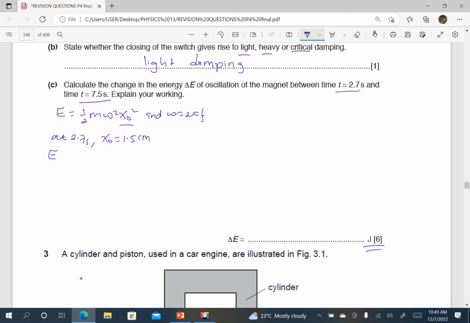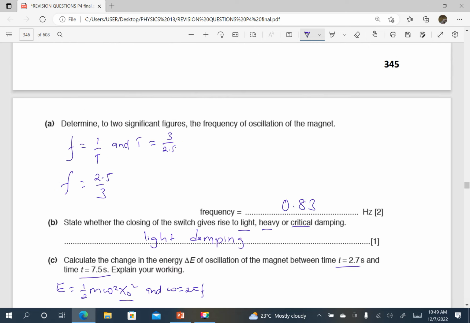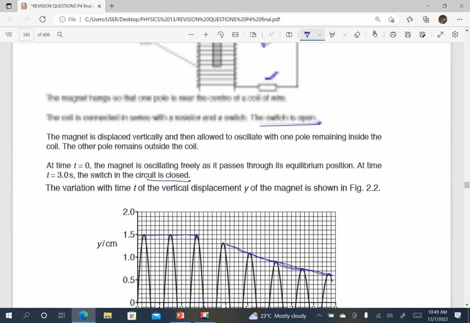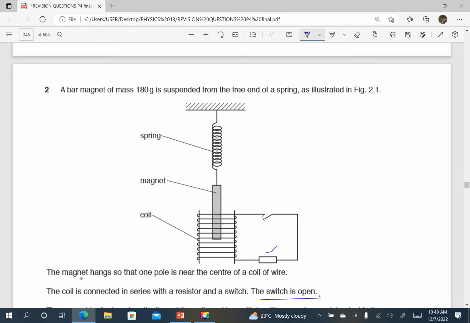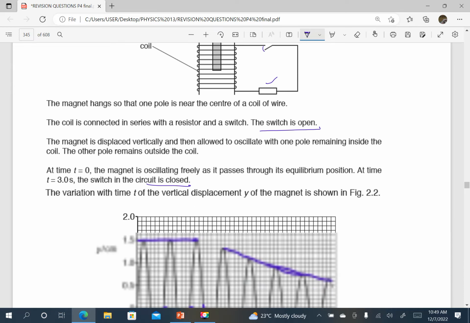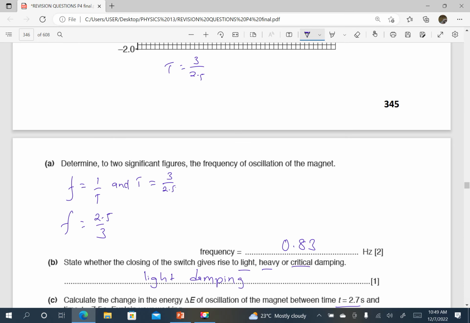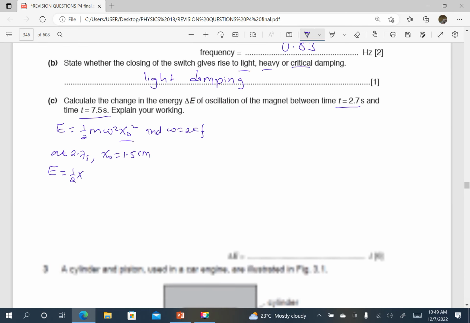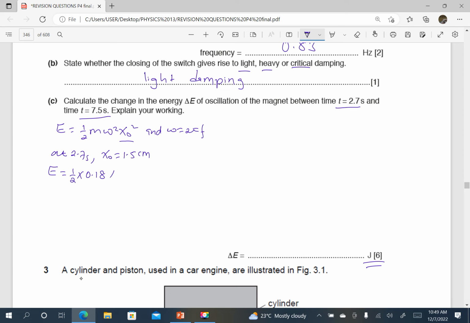So energy in this case is going to be a half times the mass. What was the mass? I think they gave us the mass as 180 grams. So the mass is 180 divided by 1,000, which is 0.18.